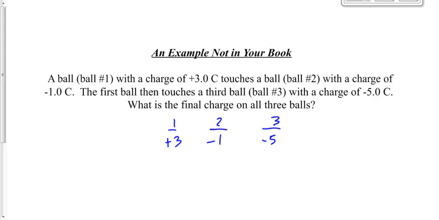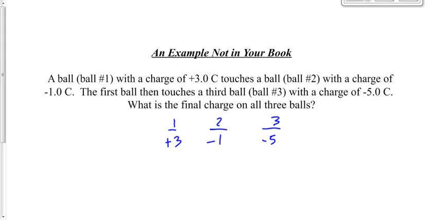Now, it says I touch ball 1 with ball 2. So +3 and -1. If I touch those two together, the total charge remains the same. But what are they going to balance out to be, assuming similar size, similar shape, similar material? It's going to be +1 and +1. How do we figure that out? Average them. 3 plus -1 gives me 2.